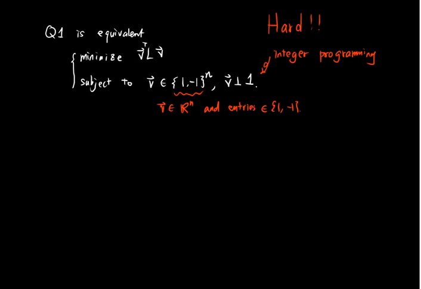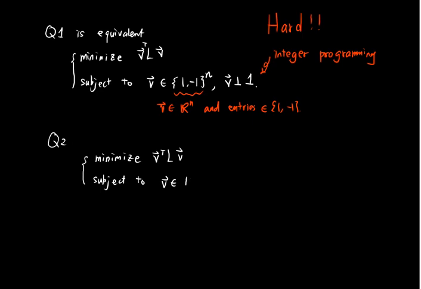Now let's change that to Q2. Q2 tries to relax the whole question a little bit. Again, it tries to minimize V transpose LV. This is a quadratic form, but this time we want to restrict the vector V to a different set.